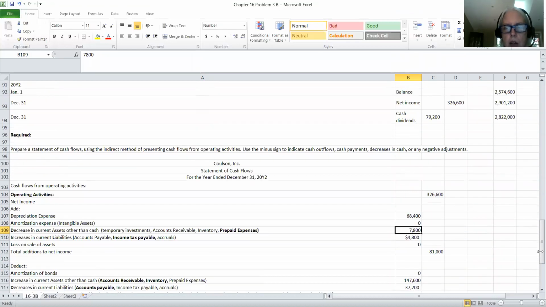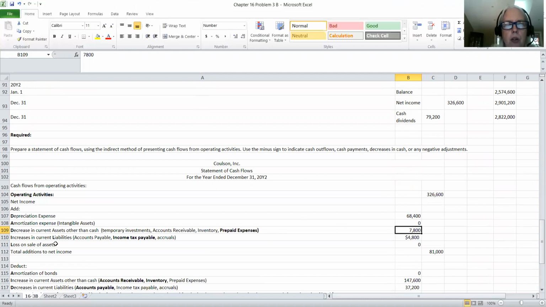That 7,800 is recorded here. It is a decrease in current assets, but to adjust the net income, we have to add it back. So that's why I didn't bring down the negative amount here. Just used a positive for this amount.